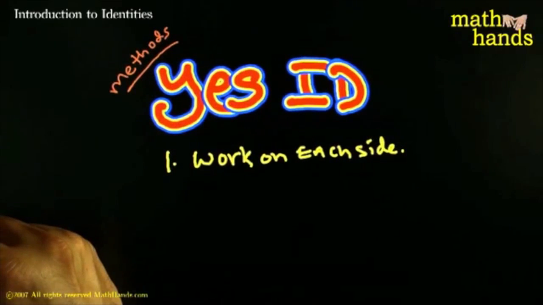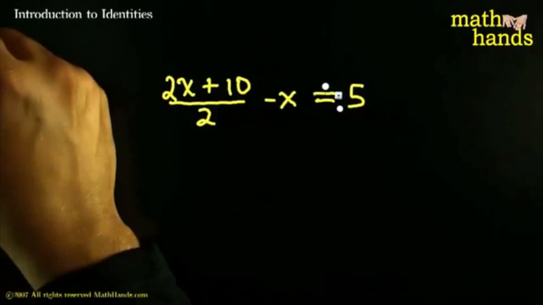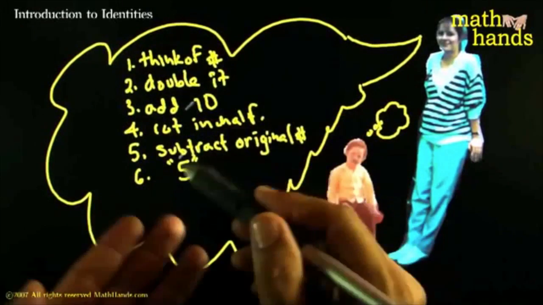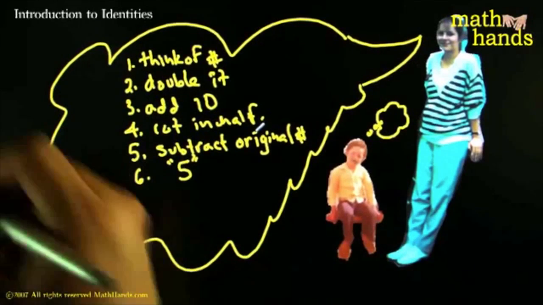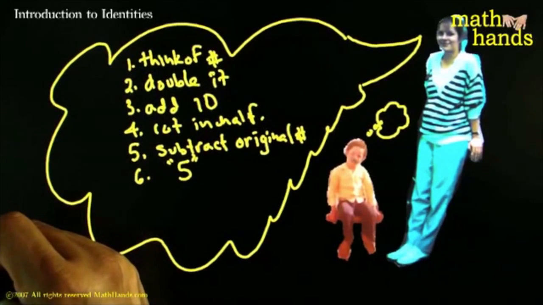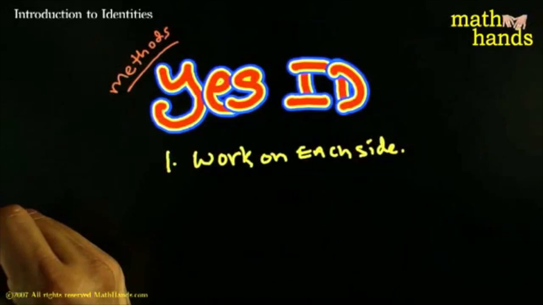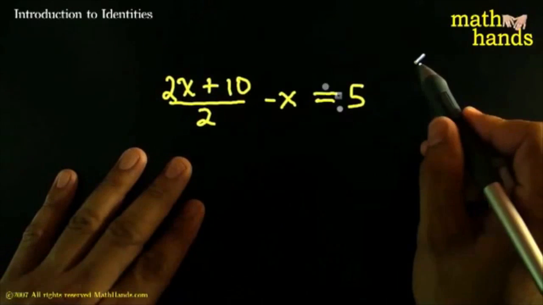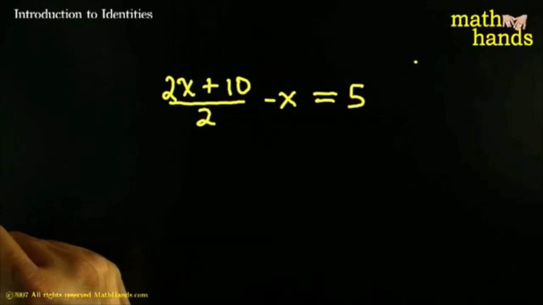Let me give you an example. Let's go back to, say, my aunt's example here. She took any number, doubled it, added 10, divided by half, subtracted, and so on. The way she was doing it was working for every single possible value of x. We tried it for a few x's, and it seems to work.